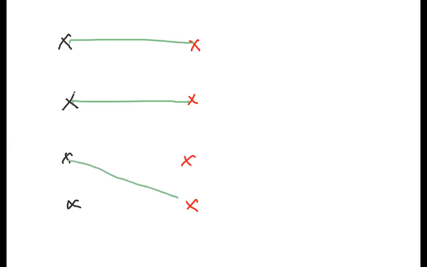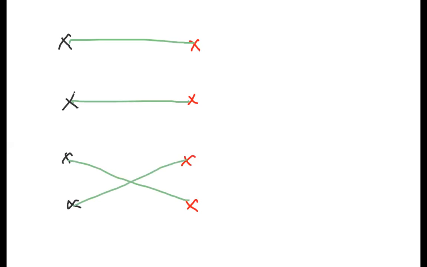There are two diagrams. One is this, and the other one will be this. So these are the Feynman diagrams at this level.